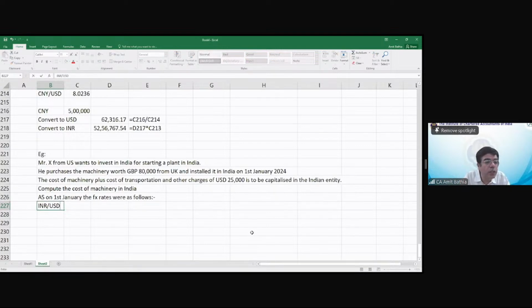INR to USD, INR to GBP, and then we are told USD to GBP. So INR to USD is, say for example, 82.50. INR to GBP is 101.25, and USD to GBP is 1.08.